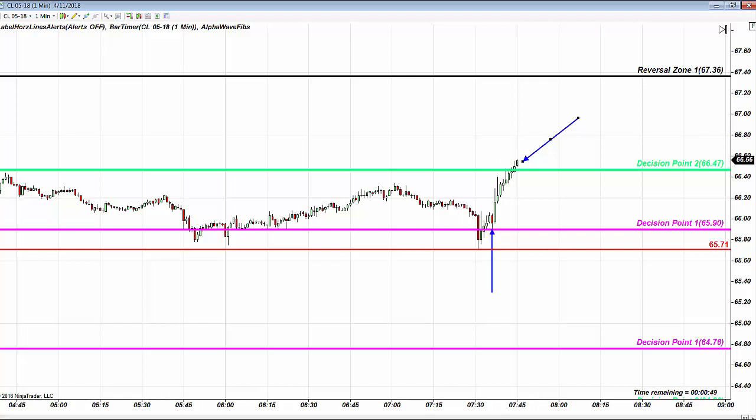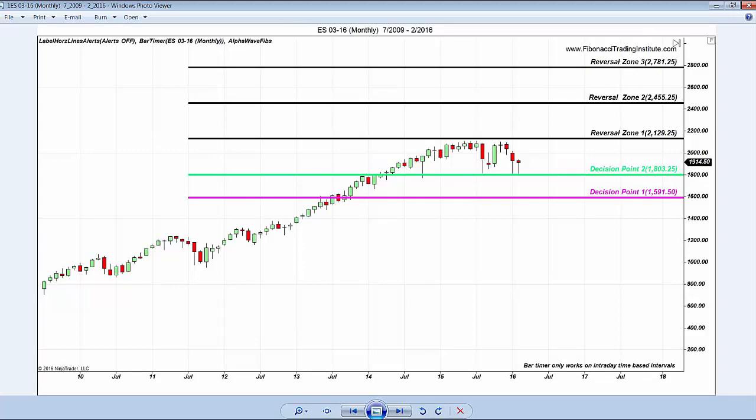Let me remind you of my favorite decision point too, that has been present in front of you for years, since the start of the website in 2011. Do you remember the famous 1800 number on monthly? This was crucial Fibonacci support. This is where buyers stepped in with vengeance.